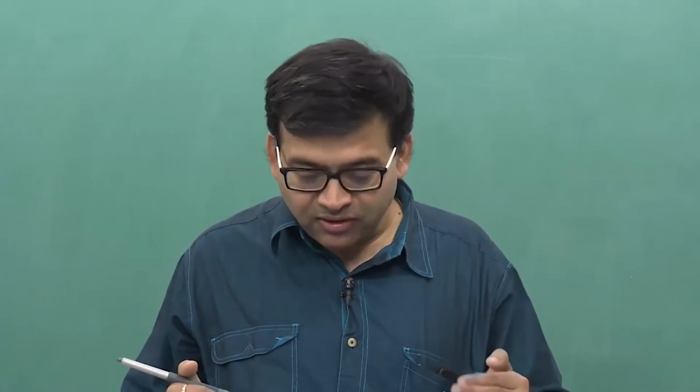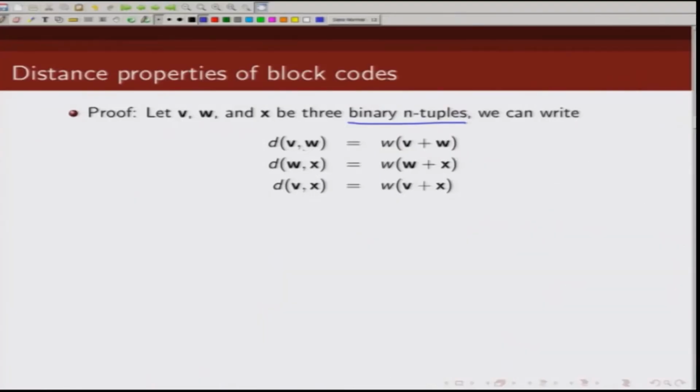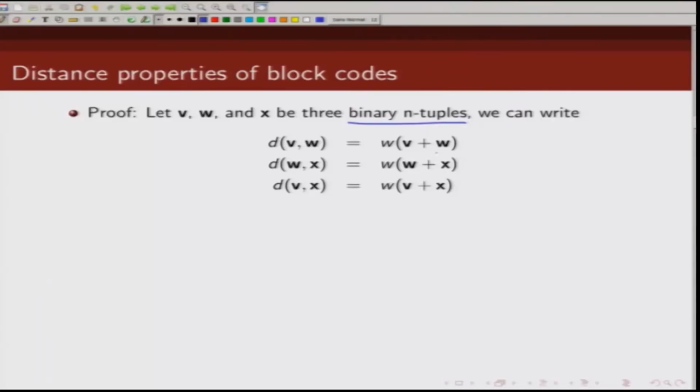Since we are talking about binary n-tuples, the number of places where V and W are differing can be found if we add V and W, this modulo 2 addition, and find the positions where the sum is 1. Only in those locations where the bits are differing will V plus W be 1, otherwise it will be 0, because for binary modulo 2 addition 0 plus 0 is 0 and 1 plus 1 is 0.